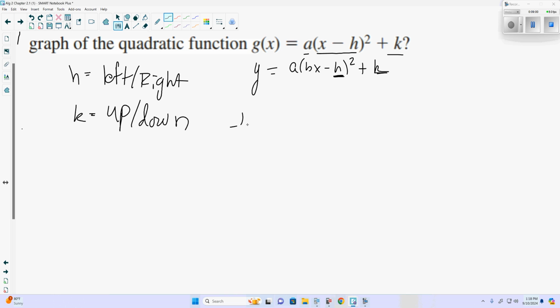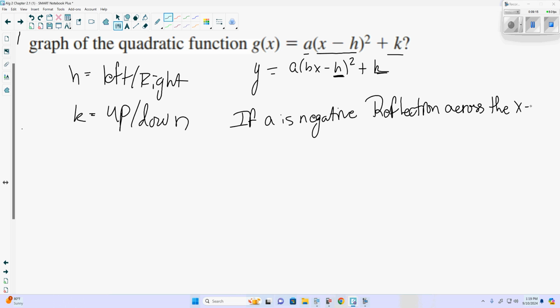So if a is negative, it's a reflection across the x-axis. If our value of a is negative, doesn't matter what the number is, it's a reflection across the x.